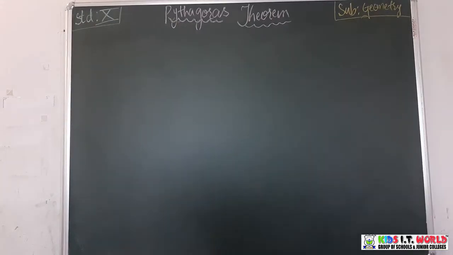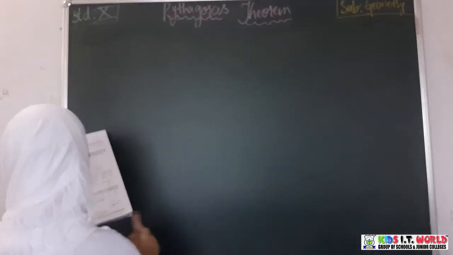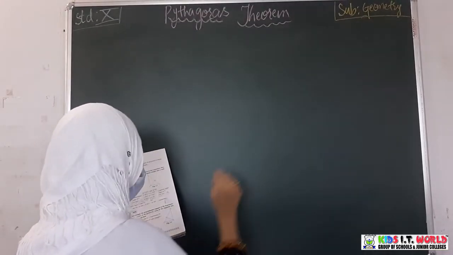Okay. The next theorem is the theorem of geometric mean. The theorem states that in a right angle triangle, the perpendicular segment to the hypotenuse from the opposite vertex is the geometric mean of the segments into which the hypotenuse is divided.